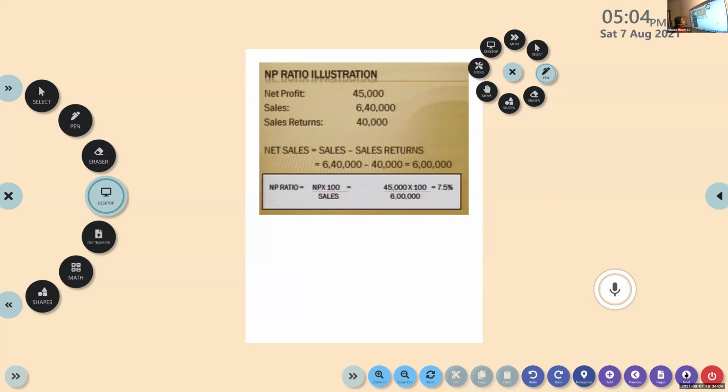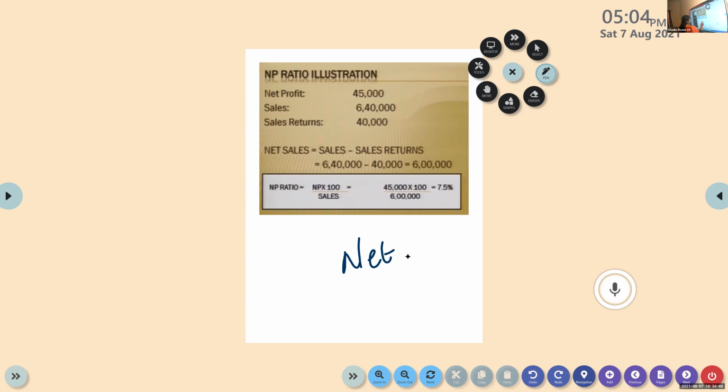So here is a problem for you. Net profit is given as 45,000. Sales 6,40,000 and sales returns 40,000. So what is the formula? Net profit divided by net sales into 100.